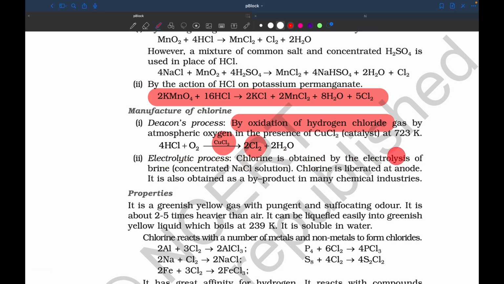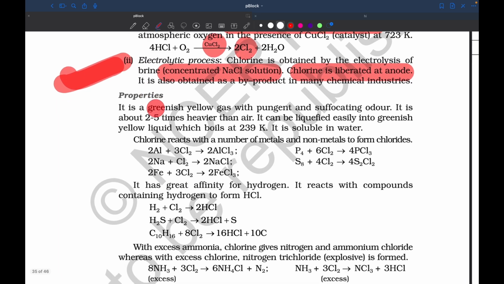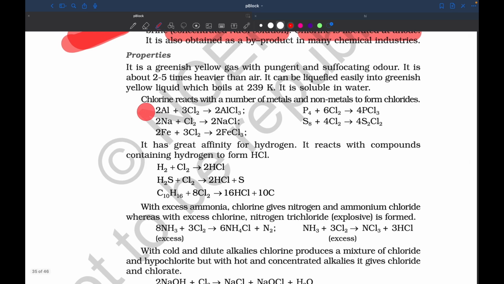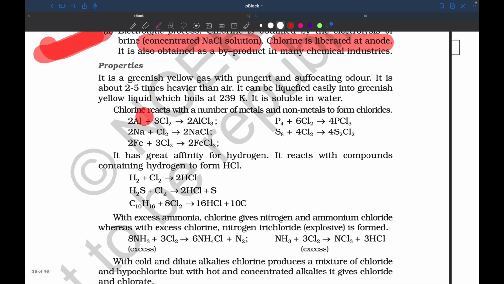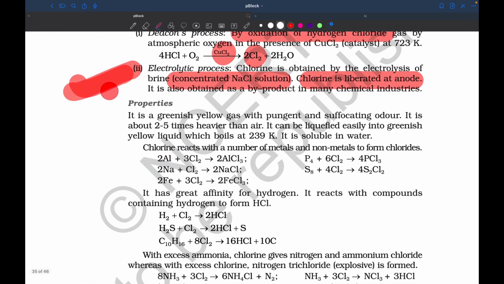Electrolysis of sodium chloride and similar salts also gives you chlorine as a byproduct at the anode. So these reactions are very common. Okay, let us see some properties of it. Chemical properties we have to see. It is a greenish yellow gas with a pungent and suffocating odor.